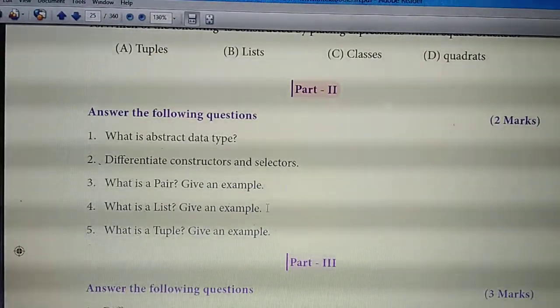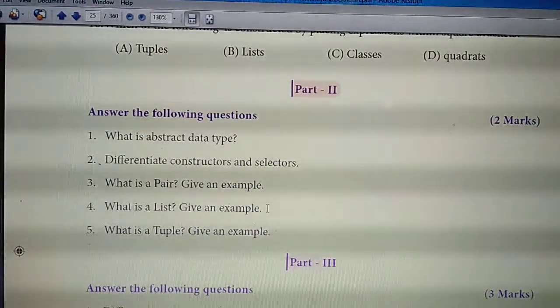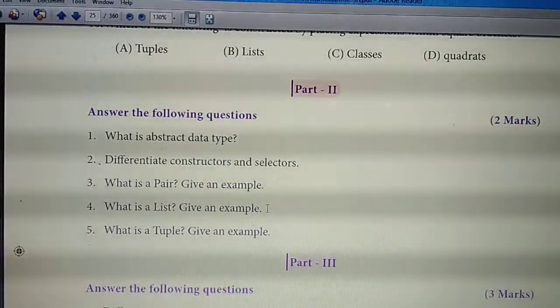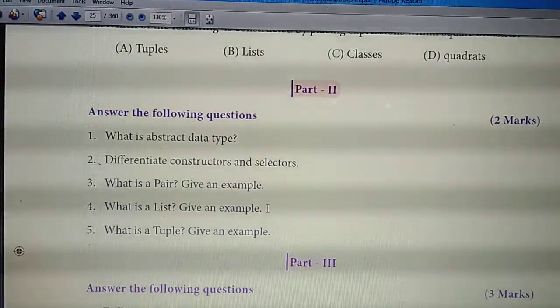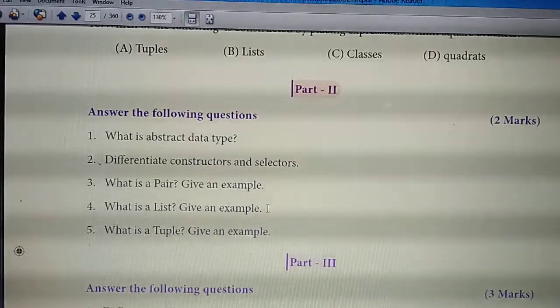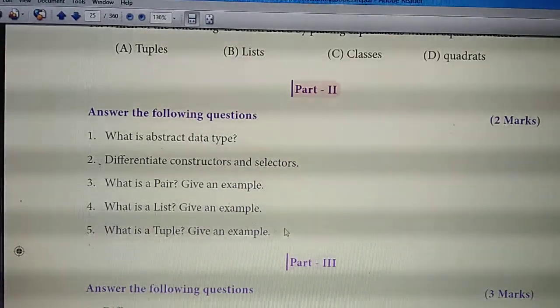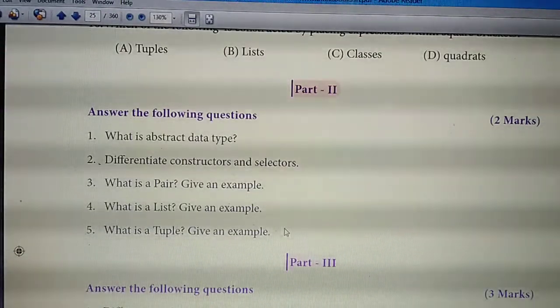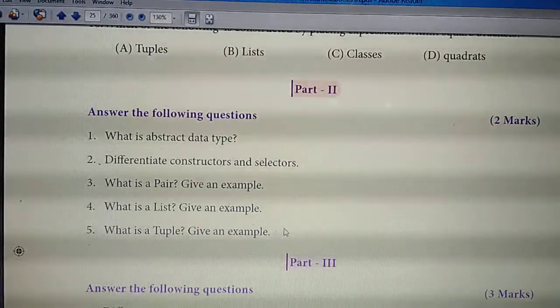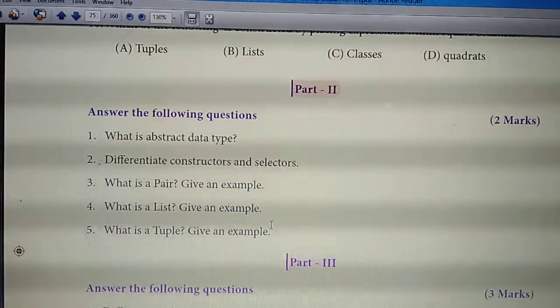Fourth question, page numbers 14 and 15. Fifth question answer, page number 15.